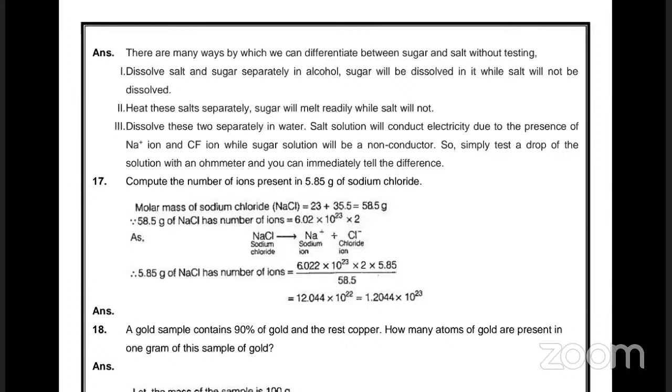Third method is to dissolve these two separately in water. Salt solution will conduct electricity due to the presence of Na plus ion, while sugar solution will be a non-conductor. So simply test a drop of the solution with a meter and you can immediately tell.